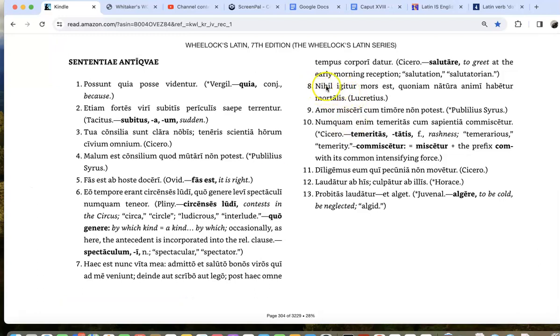All right, number 8. Acta nihil igitur mors est quoniam naturae animi habitur. Therefore, death is nothing, since the nature of the soul is having mortality. So, is having, there's our aorist. So, therefore, death is nothing, since the nature of the soul is mortal. Notice that would be the active translation.